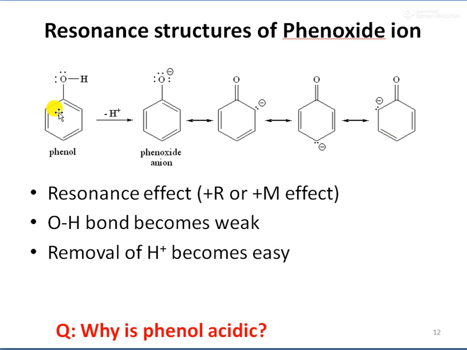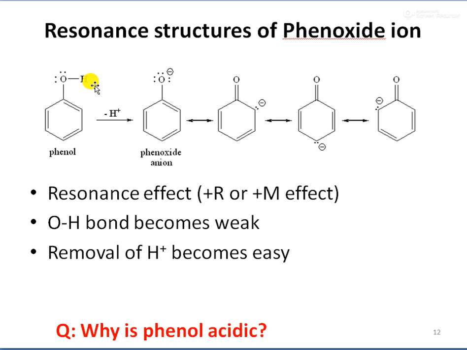In the first structure, you can see a phenol, there is a benzene ring and the oxygen bonded to a hydrogen. So there are two lone pairs of electrons at the oxygen atom. So when the H plus is lost, one of the electrons of the hydrogen is going back with the oxygen.